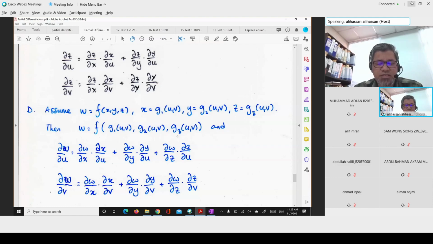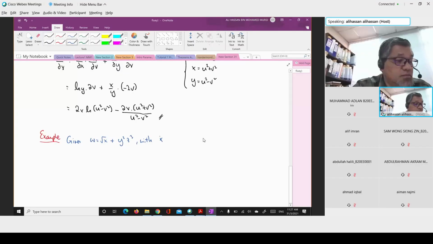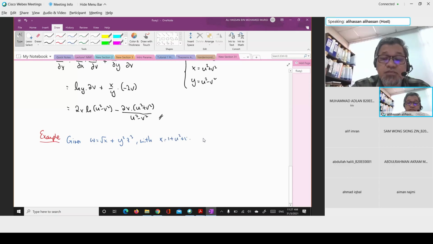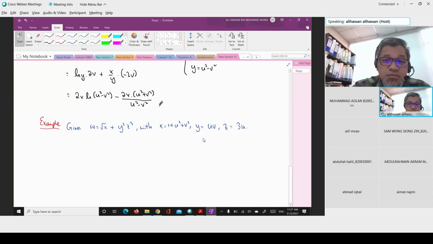Given w equal to square root of x plus y squared z cubed, with x as a function of u and v, 1 plus u squared plus v squared, y also as a function of u and v equal to uv, and z equal to 3u.